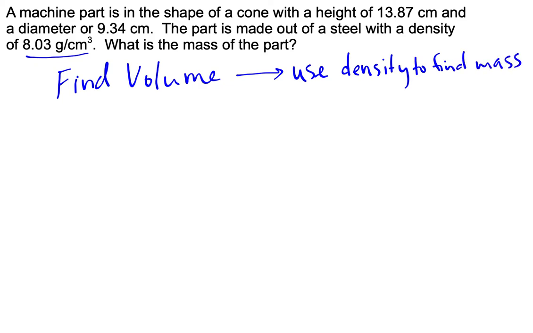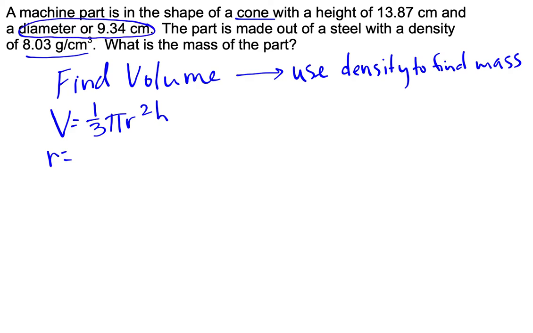And we'll do that using proportions, pretty much the same way we did on the previous problem. Let's start with finding the volume. Because it does tell us that it is a cone, we're going to use the volume formula for a cone. We're going to identify the radius. If I look back up in here, it does tell me it's a diameter of 9.34.